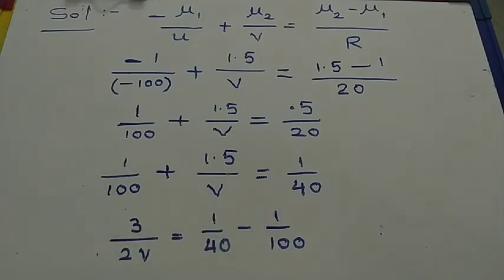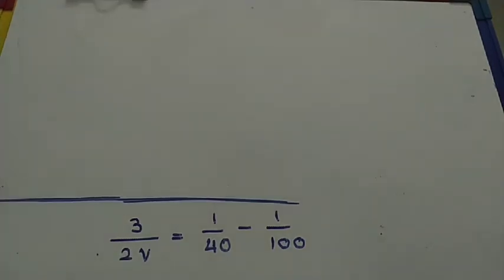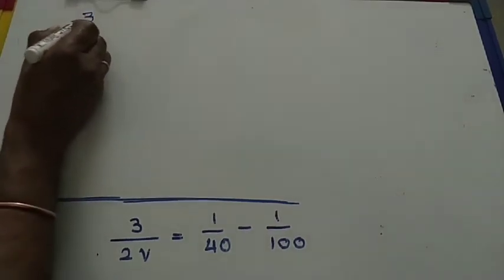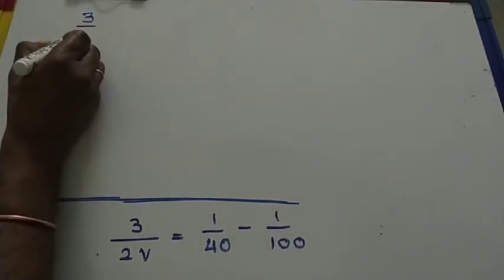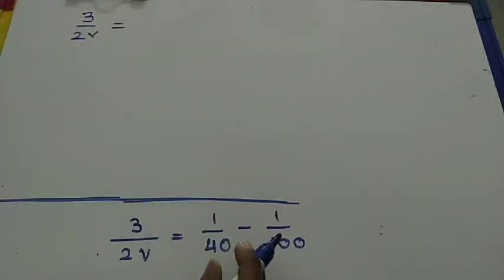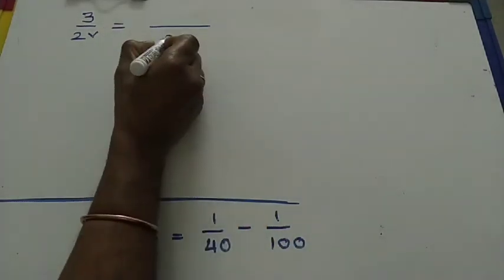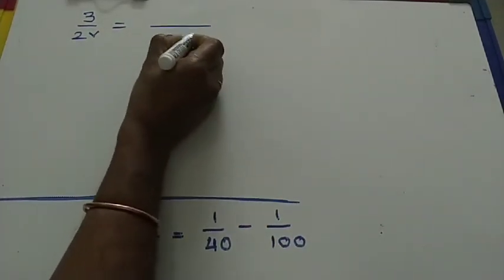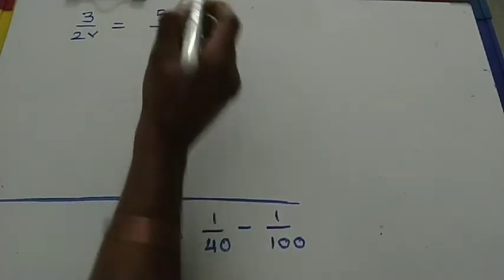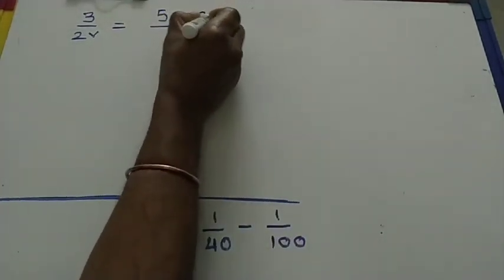Okay, now tell me 3 by 2V is equal to, what is the LCM for this one? 200. How much do we get? 5 minus 2 times 2.